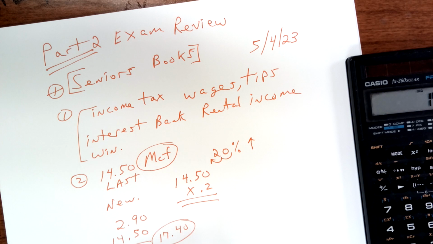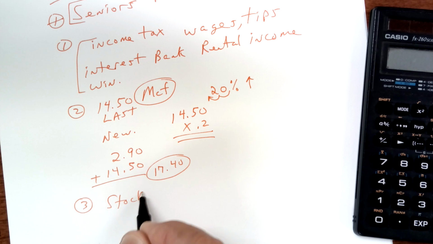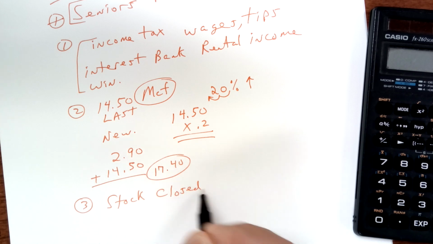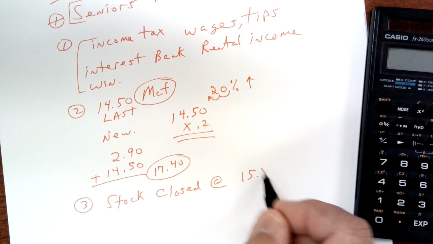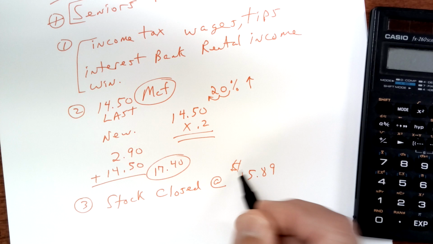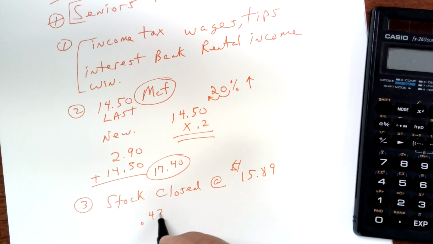Okay, so you have stock that closed at $15.89. That is a 43-cent decrease. The arrow's pointing down from the closing price the day before.